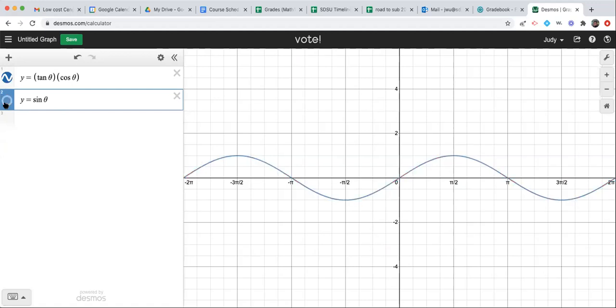So tangent theta cosine theta, sine theta. Same graph, right? These two, the blue one and the red one, are exactly the same.